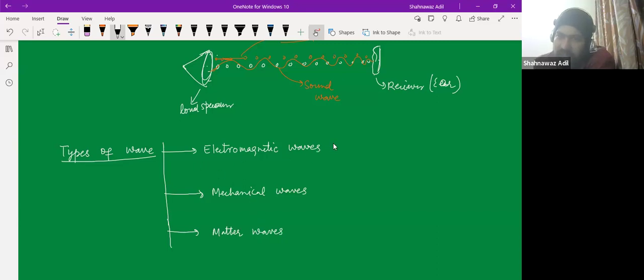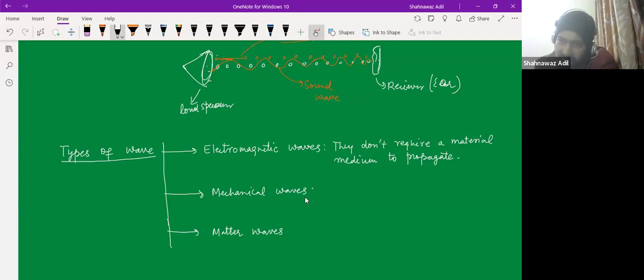The important point of electromagnetic waves is that they don't require a material medium to propagate. So these are the electromagnetic waves.